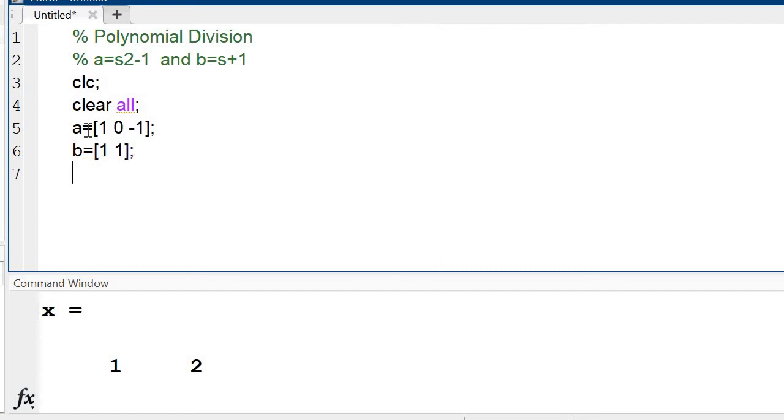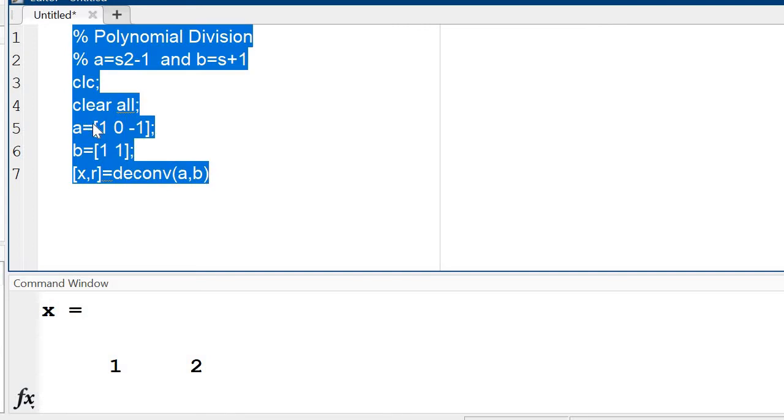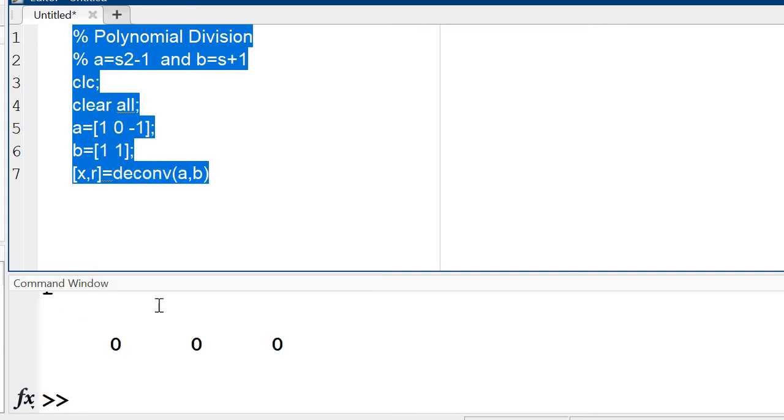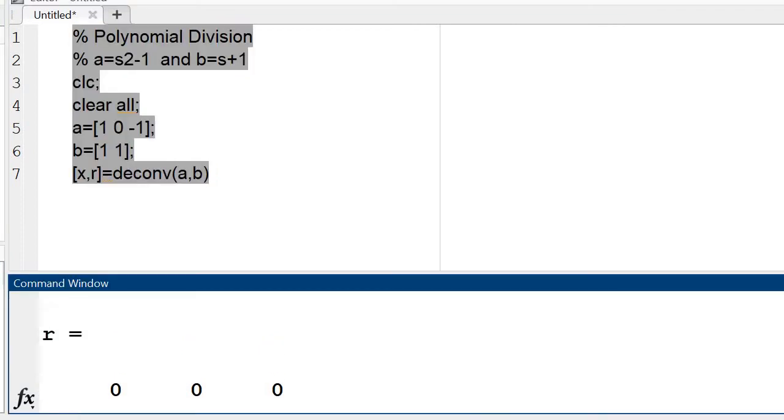Now, with the 2x comma r, quotient and remainder, equal to deconvolve a comma b. Select this part and evaluate this. Now the answer is 1 minus 1.